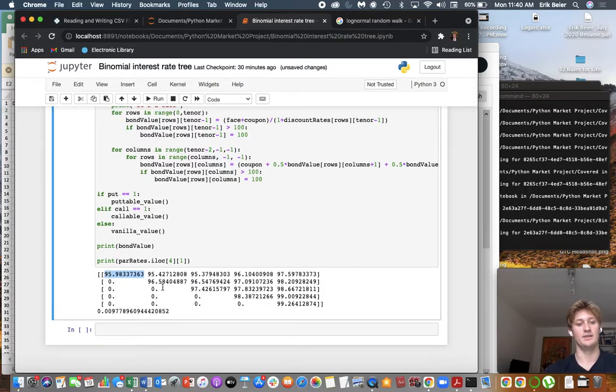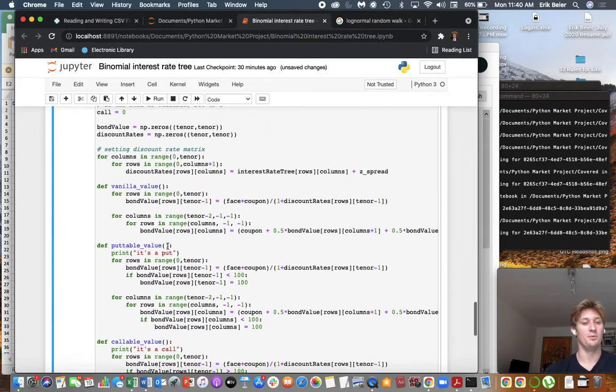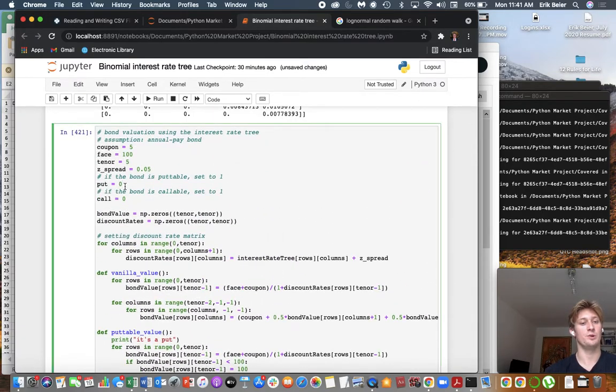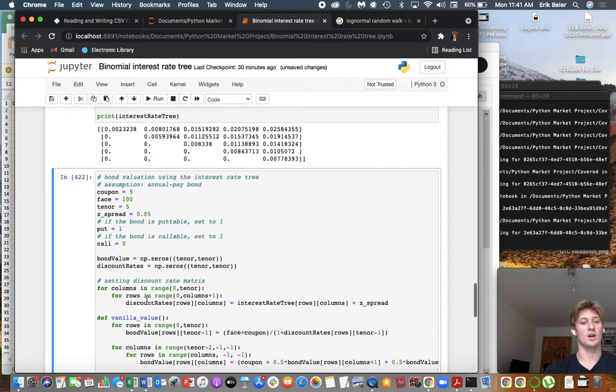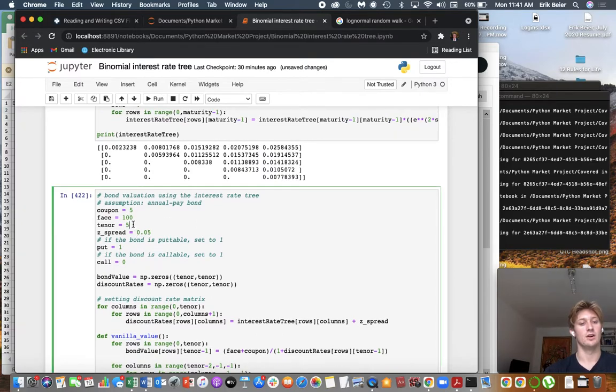So the bond will be valued at this today, and these are all stochastic, probabilistic values. Now if we put in a put, what does this mean? It makes sense to put the bond today to sell at par because it's trading below par and it's not going to recover, assuming our current interest rate environment.